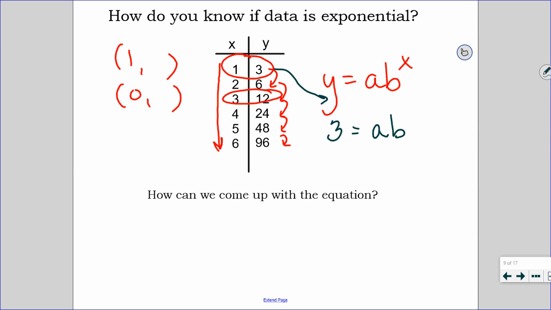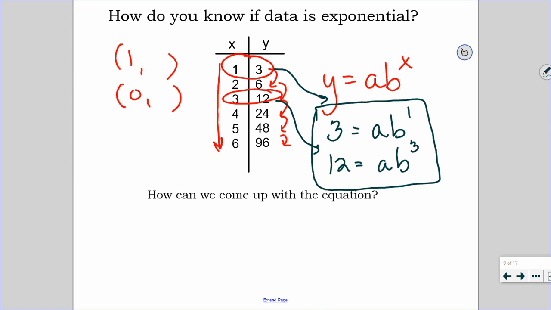So I've got an equation. I'm going to take the 12 and plug it in: 12 equals a times b cubed. I have 2 equations and 2 unknowns, so I should be able to solve it.